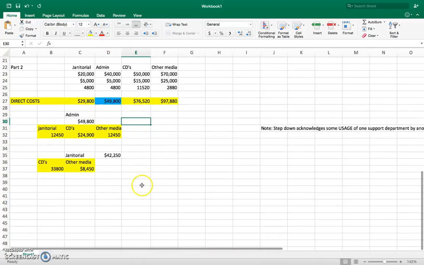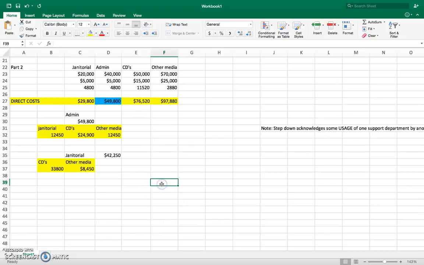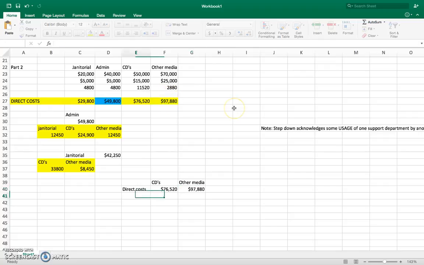Now, in order for you to calculate the total costs for both CDs and other media, first off, you're going to take the direct costs that are already in both departments. So I'm going to take CDs 76,520, and I'm going to take other media 97,880. Then I'm going to take the costs that have been traced first.